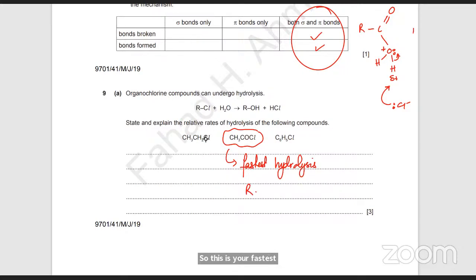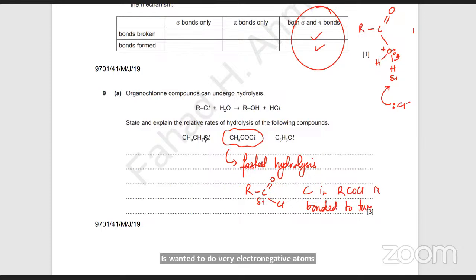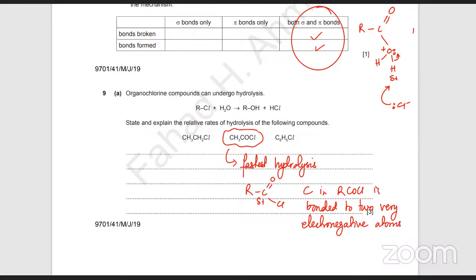And then the reasons: why is it the fastest hydrolysis? Because the carbon carries a very strong positive charge. So carbon in RCOCl is bonded to 2 very electronegative atoms. And what are those atoms?